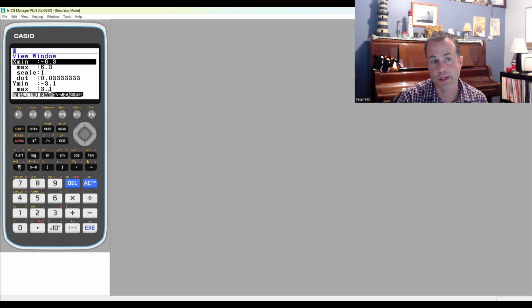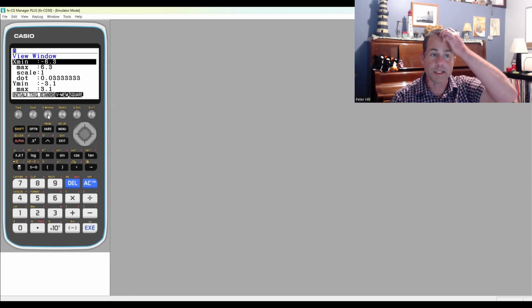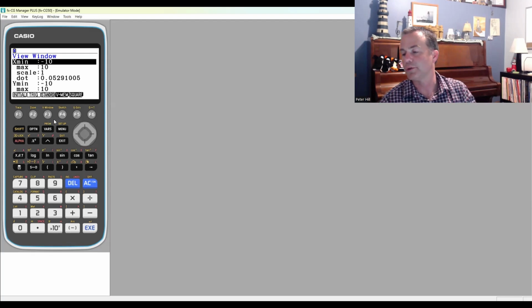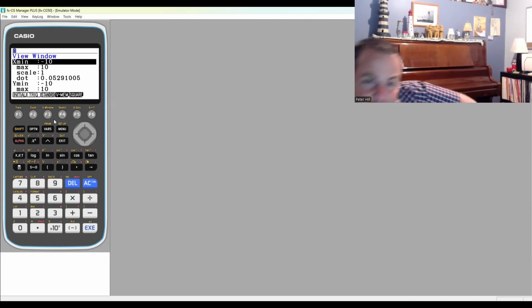So for Casio kids, you'll see right now F3 is your option there. Just a reminder, Casio kids, everything you see down here corresponds to the F1, F2, F3 buttons, okay? So we're going to go standard. On a TI, you're going to go zoom standard, which I think off the top of my head, I don't, oh, here's a TI. Just a sec now.